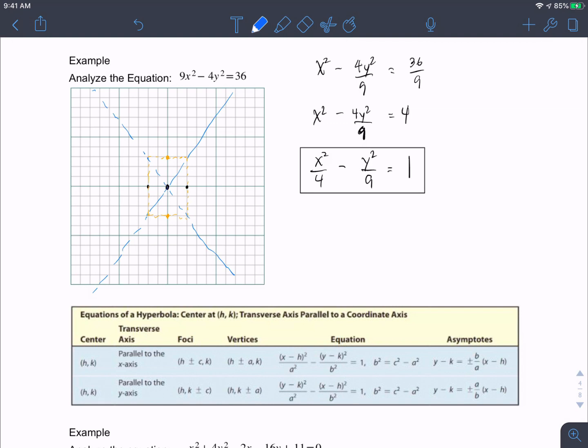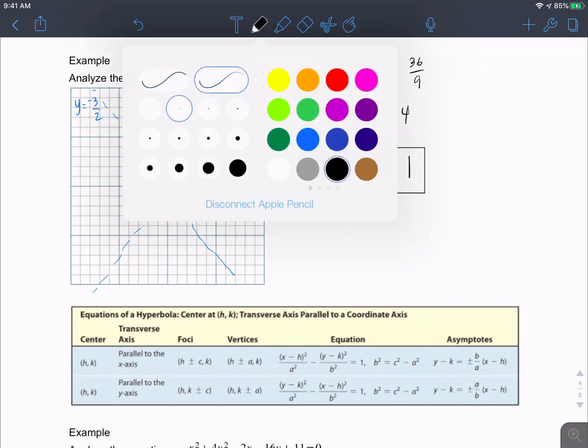And I'll just write this equation. So it's going to go up 3 over 2. So this is going to be 3 over 2. This one's going to be a negative 3 over 2. Those are the equations for the asymptotes of this. And then we need to find our focal point, and we could easily do that.